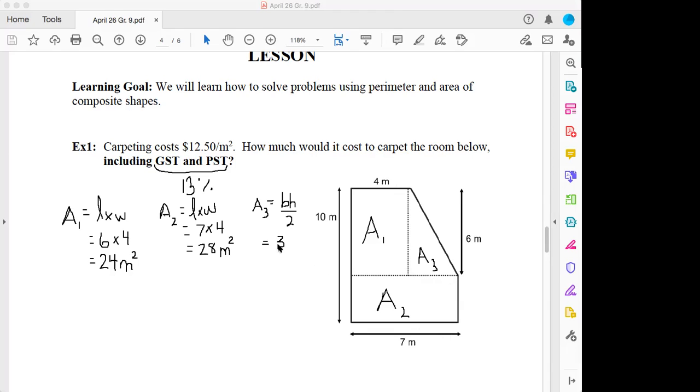So it would be 3, and then our height is 6. And divide by 2. 3 times 6 is 18. And so that would come up to 9.